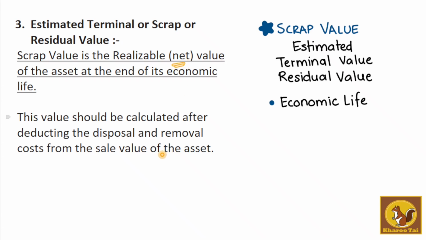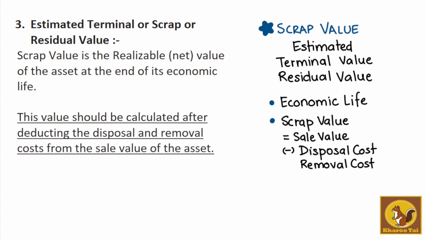What is net? So if we are scrapping out a fixed asset, we are selling off the fixed asset, then it might happen like there is a machine, a big machine, and we are selling off its metal body, right? So we have to dismantle the machine. So that is removal cost, you can say. Or there might be a hazardous item that you are required to dispose it of in a specific manner legally.